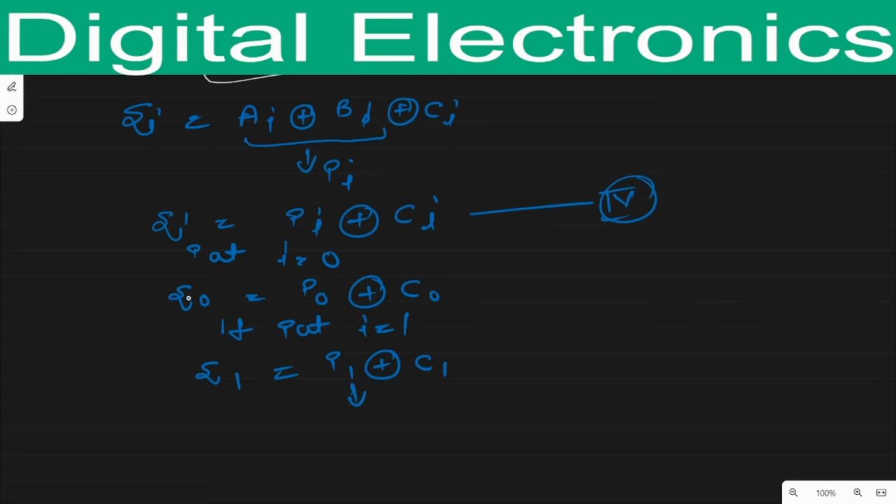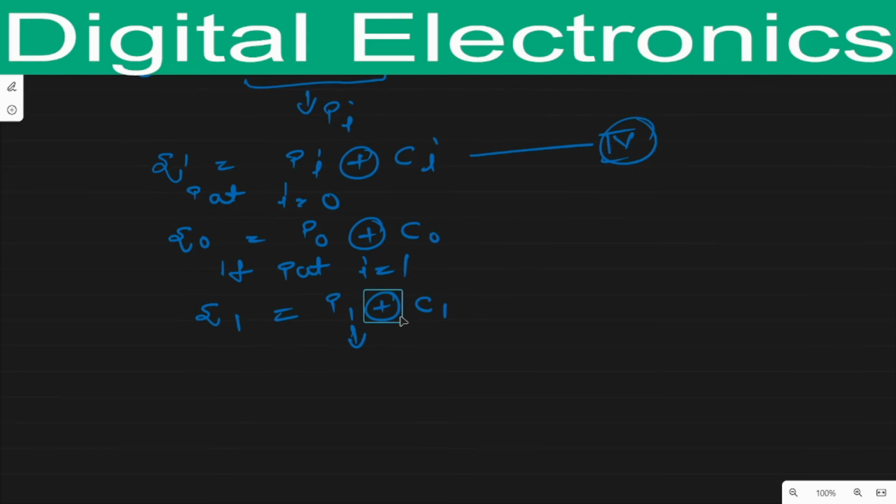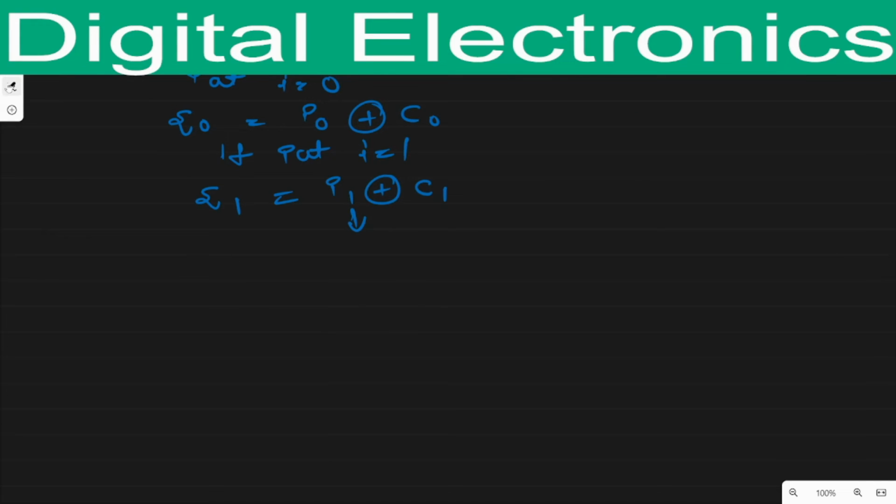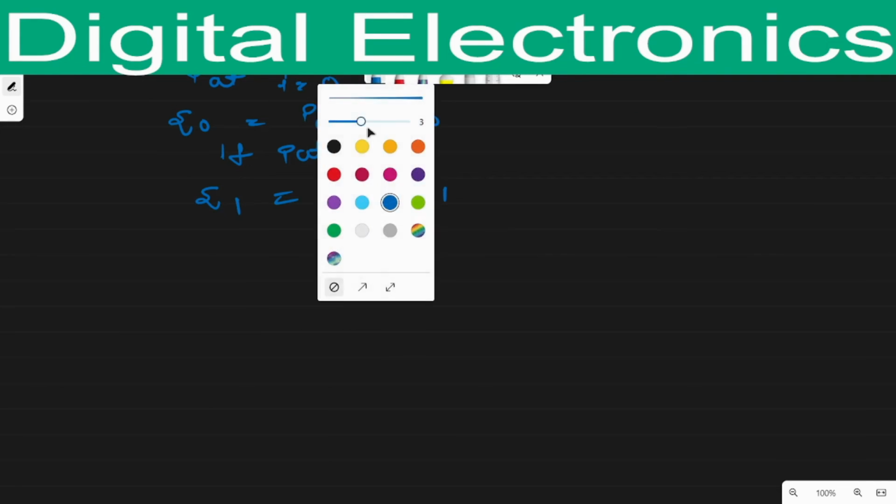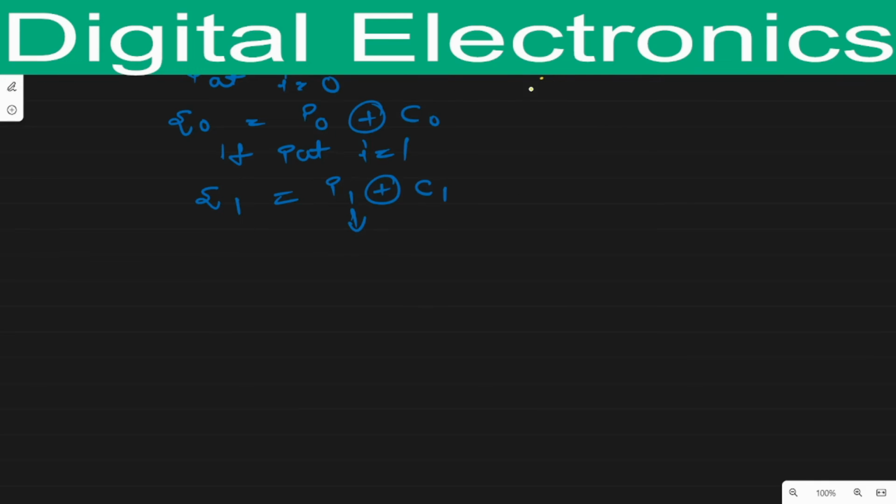And what is this P1? This P1 is nothing but an XOR of A1 and B1. So S1 equals A1 XOR B1 XOR C1. Is it clear to all of you?